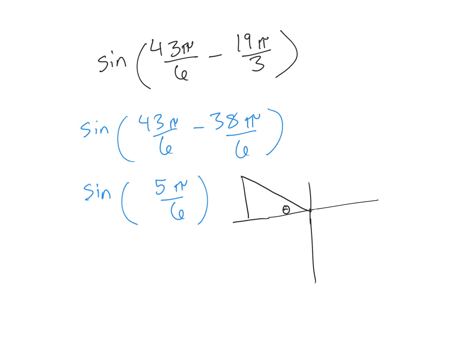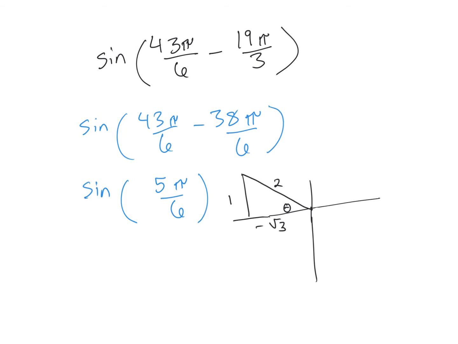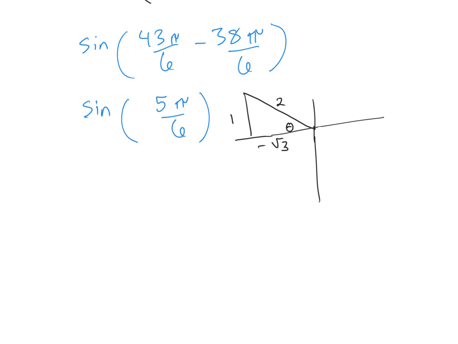And it is a pi over 6, which makes it a 30 degree angle. So this is a 1, this is a 2, this is a negative root 3. So the sine of that would be my opposite, which is 1 over 2. So sine of 5 pi over 6 is 1 over 2. So my answer is 1/2 for that one.